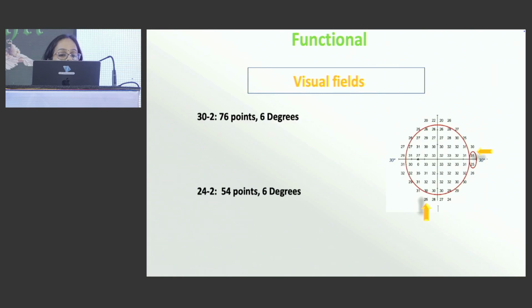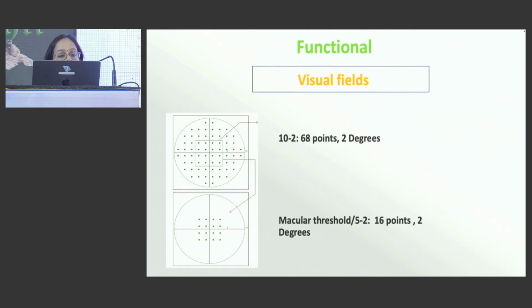So you usually do a 30-2, which tests 76 points, then a 24-2, which we usually do in glaucoma, which tests 54 points, 6 degrees apart, and a 10-2, which has more points, 68 points, 2 degrees apart, which focus on the central area. If you are planning any surgery, it is better to do a macular program with 16 points, 2 degrees apart, to see whether there is any macular split.